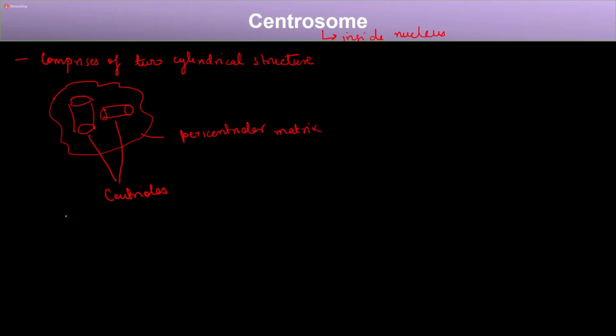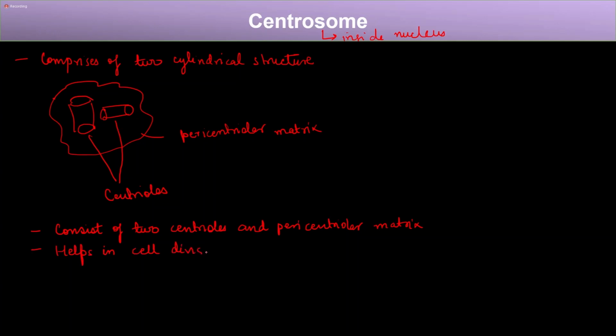So if someone asks what is a centrosome, it is a structure that consists of two centrioles and pericentriolar matrix. And what is the role of the centrosome? It helps in cell division. Now, it comprises two centrioles.